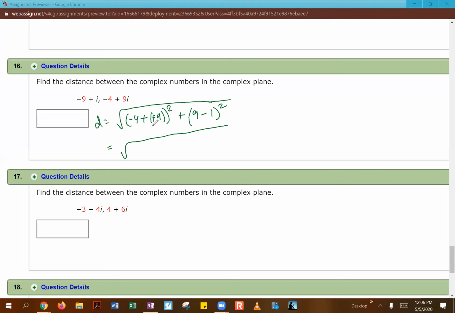I got negative 65. Negative, or wait, no. It should be negative. Is it just positive 65? Okay, so let me see. Are you telling me about this part here, or are you telling me for the whole thing? For the whole thing, sorry. Or no, I'm not telling you for the whole thing. I'm telling you for that part.